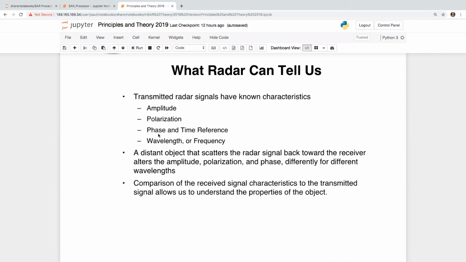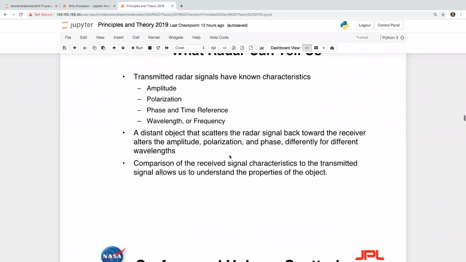We control the timing and the phasing of the system precisely, so we should be able to know the phase. And of course, we select the frequency that we are going to use. So if we're interested in a particular kind of target on the ground, whatever that target is, we can design our radar to exploit these things in the way that we see best fit.